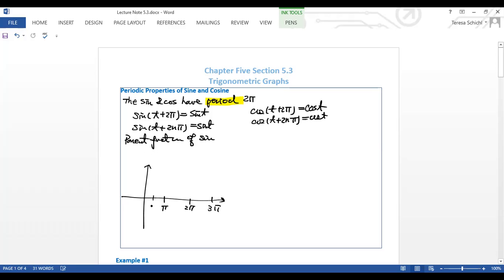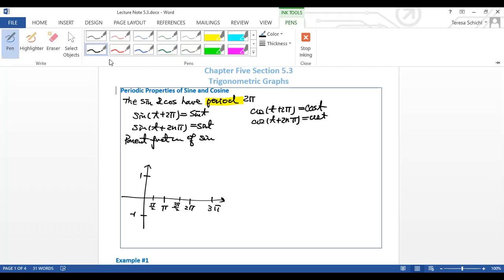Then this is pi over 2, this is 3 pi over 2, this is 1, and this is -1. If you go to the unit circle, you can find the special values.